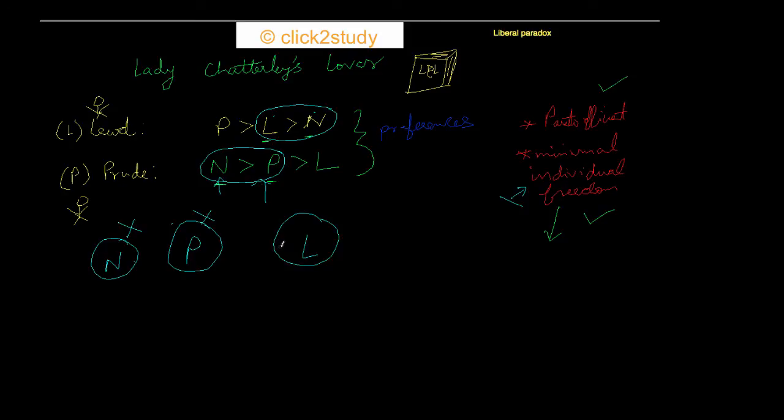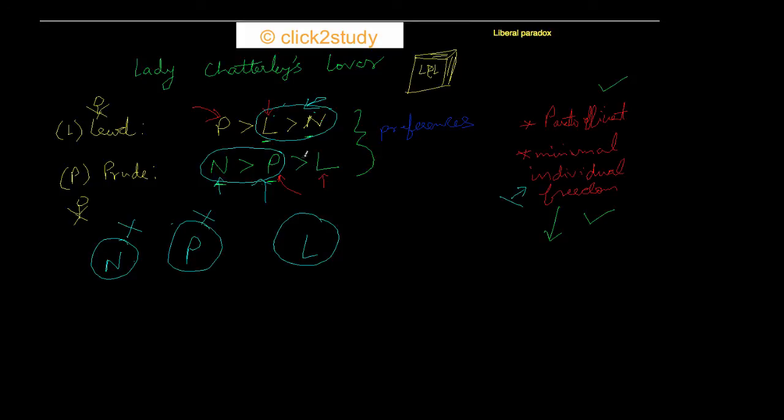If Lewitt reads the book, then what happens? If Lewitt reads the book, then obviously there's no difficulty in individual freedom here because Lewitt preferred that over nobody, but what we have lost here is Pareto efficiency. Why? You see why. So Lewitt is allowed to read the book, but Lewitt would prefer that Prout read the book, P, and Prout would also prefer that he reads the book instead of Lewitt.